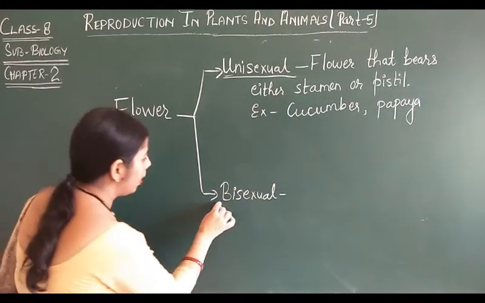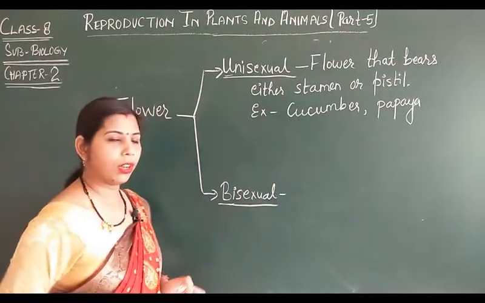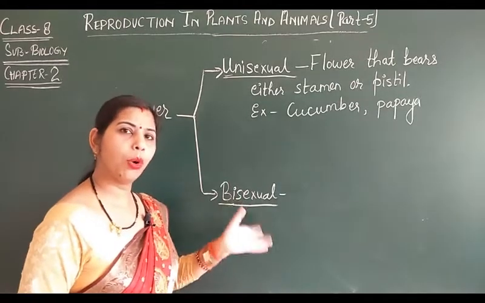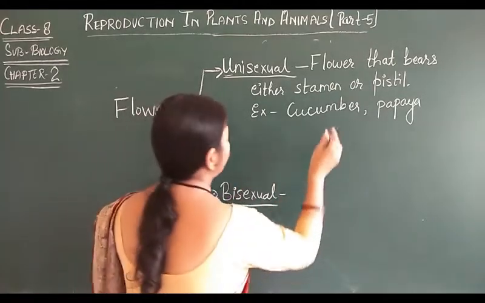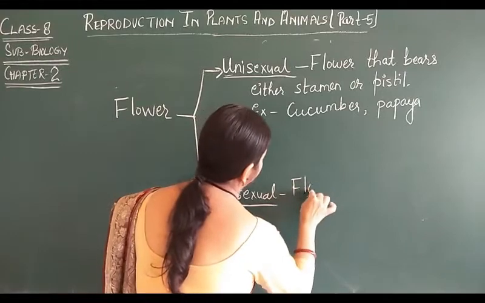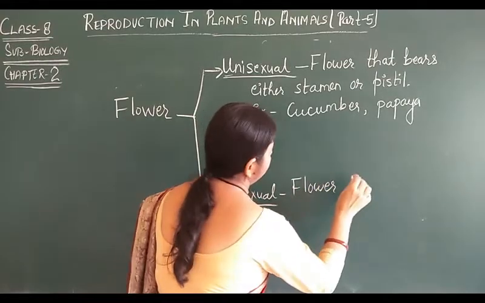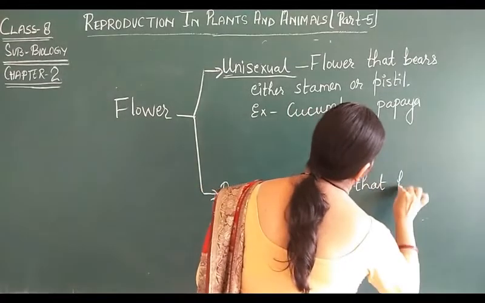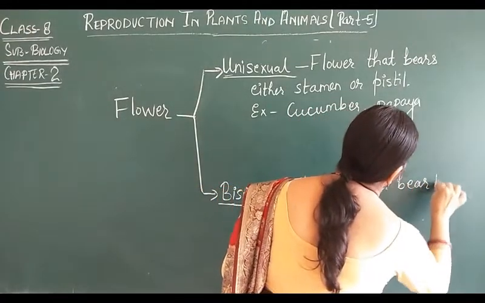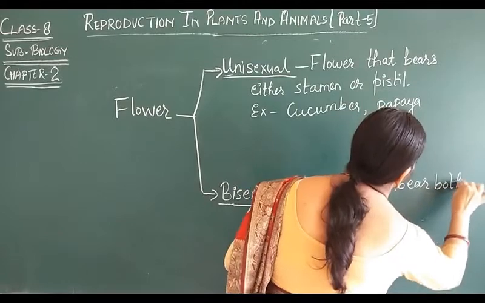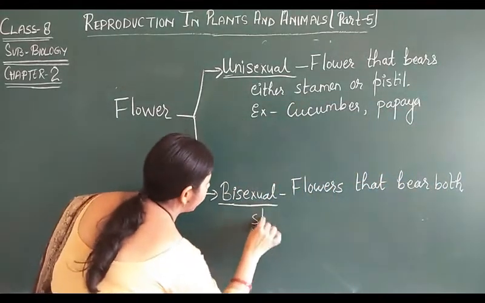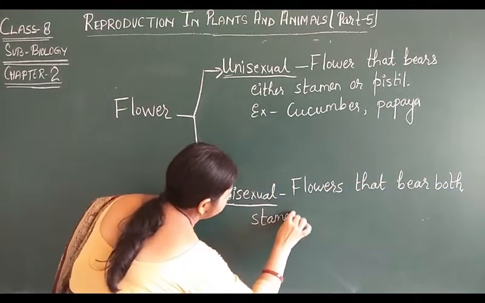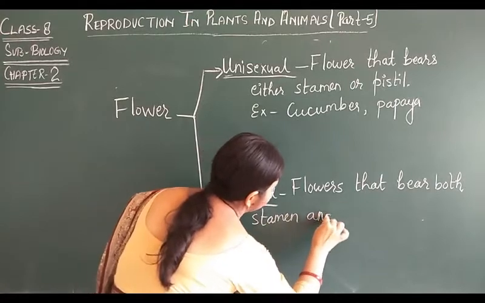And bi means two, and sexual means sex organ. That means flowers that bear both male and female sex organs, both stamen and pistil.